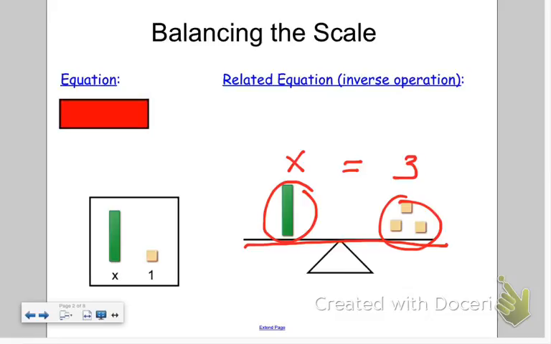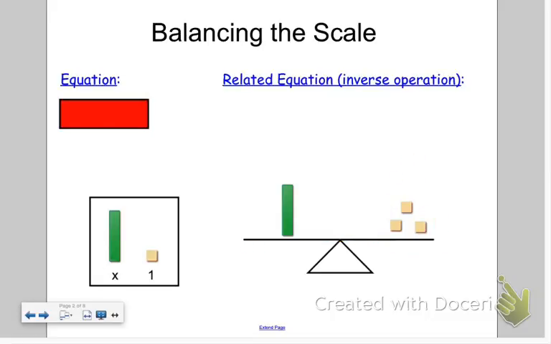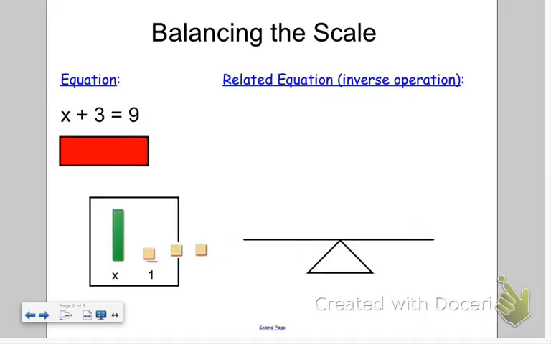So we can use this idea when we write our equation. Let's move this back to where we started, and move these off the scale for a little. Alright, here is an example equation. It looks like we have x plus 3 is equal to 9.